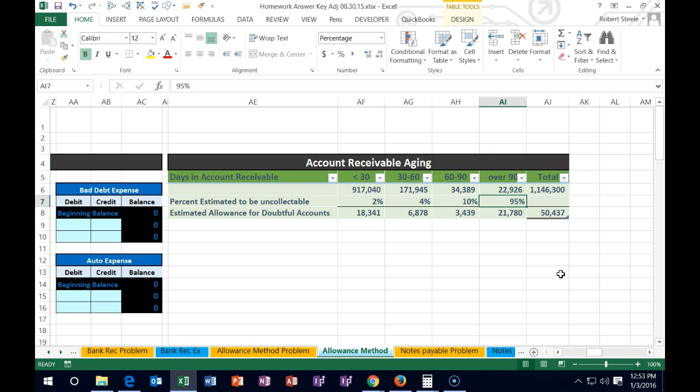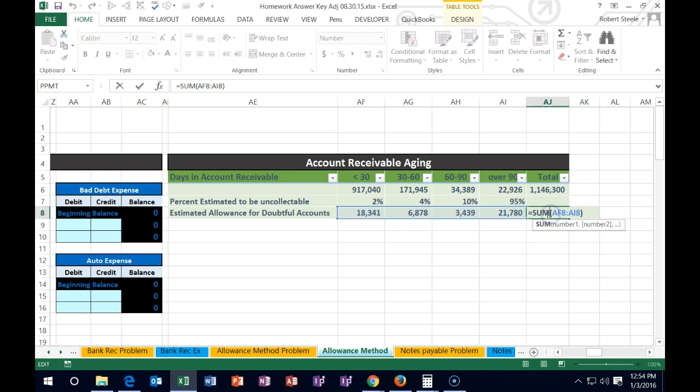You might be asking, where did you come up with these numbers? Those would be come up with from past experience. Past experience would tell us how much of the accounts would be uncollectible. Then we can come up with an estimate and say, if we add these up, of the receivables of 1,146,300, based on this estimate, we think that 50,437 will be uncollectible.